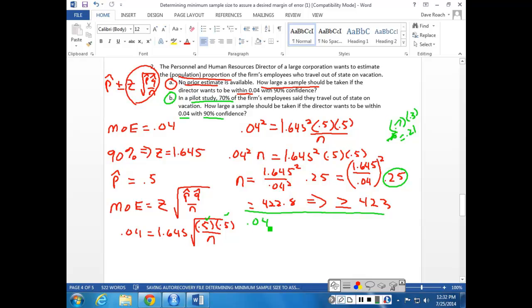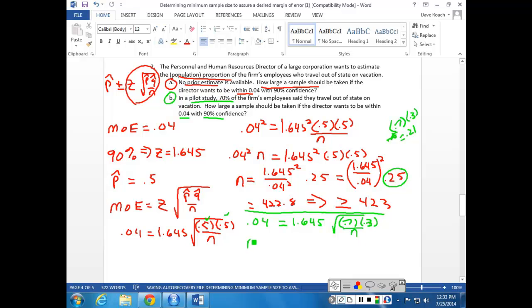0.04 is equal to 1.645 times the square root of 0.7 times 0.3 over n. And I'm just going to do a bunch of steps at once. If you can go from here to the next step, fine. If not, go through the same steps as above.